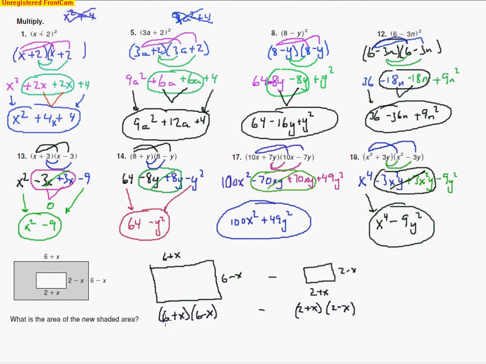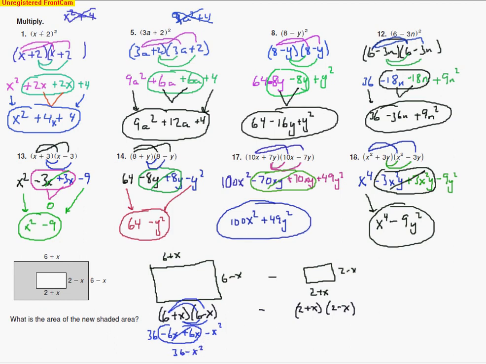We've got 6 times 6 makes that 36. And then 6 times negative x makes a negative 6x. Over here, the 6 times x makes a positive 6x. And the x times the negative x makes a negative x squared. So remember, these two terms are going to cancel because they are opposite in sign. So I'm just left with 36 minus x squared.